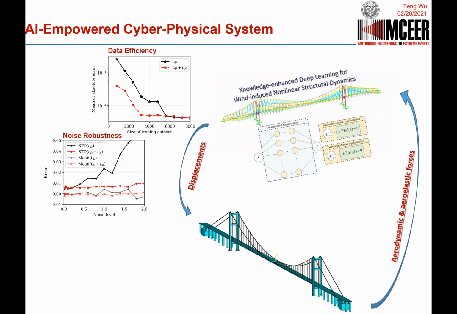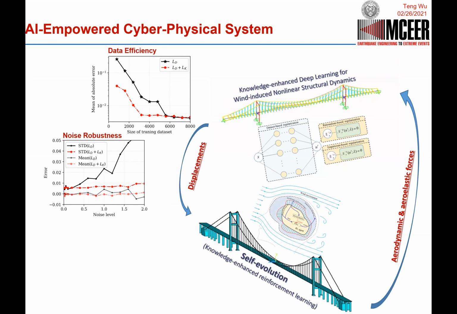And the other thing is, once this test has been done, if we realize the structural response is too large, we want to do aerodynamic mitigation or aerodynamic shape optimization. So we want to do the shape optimization efficiently. We developed a so-called knowledge-enhanced reinforcement learning, because reinforcement learning has a self-evolution feature.